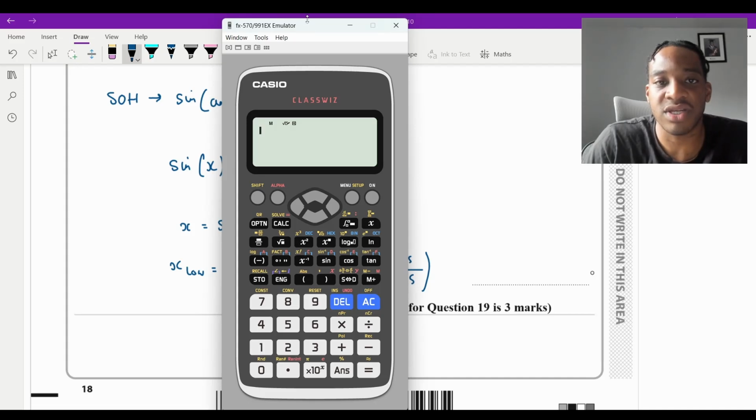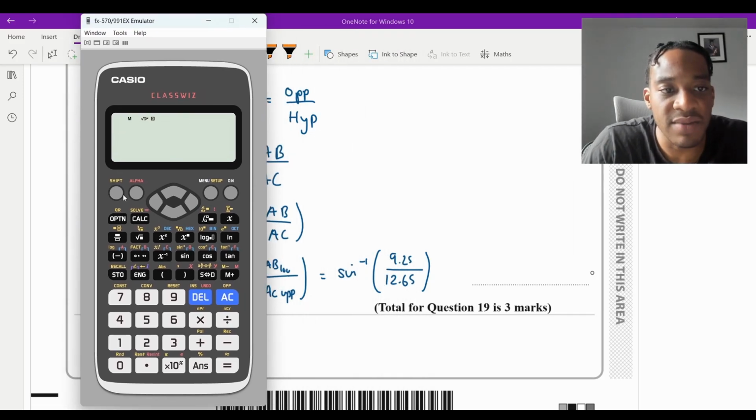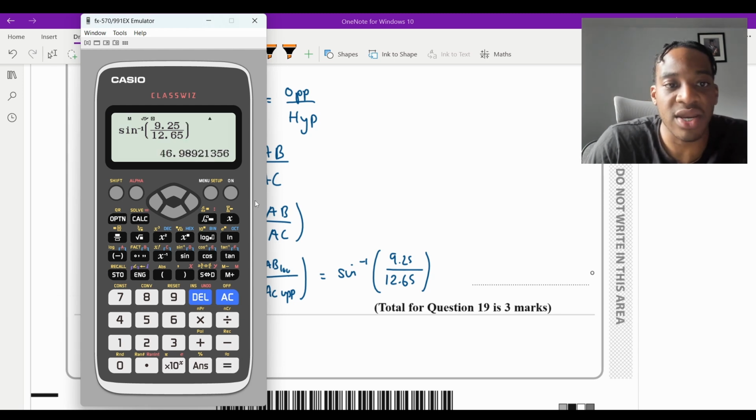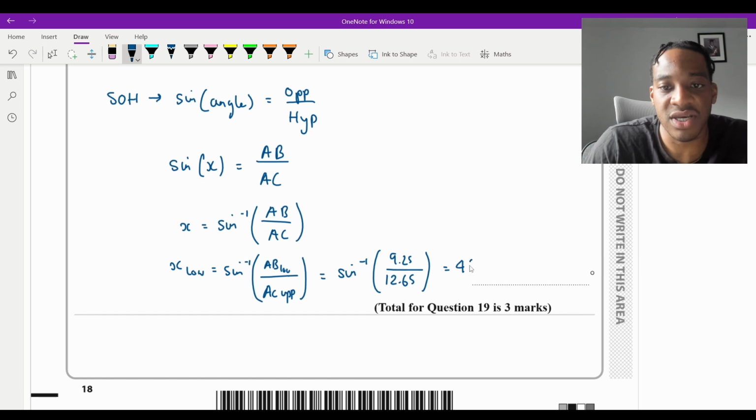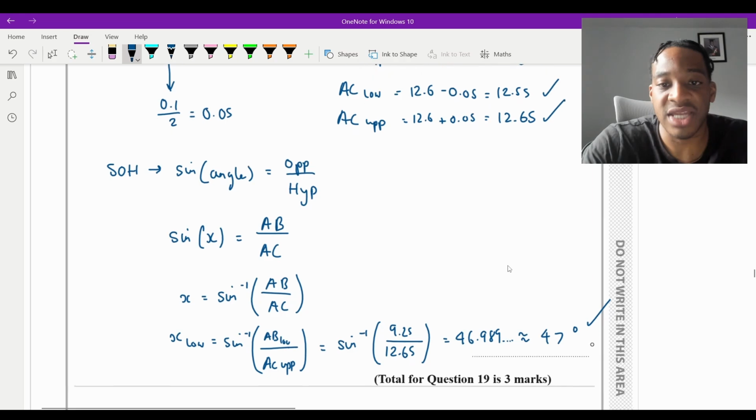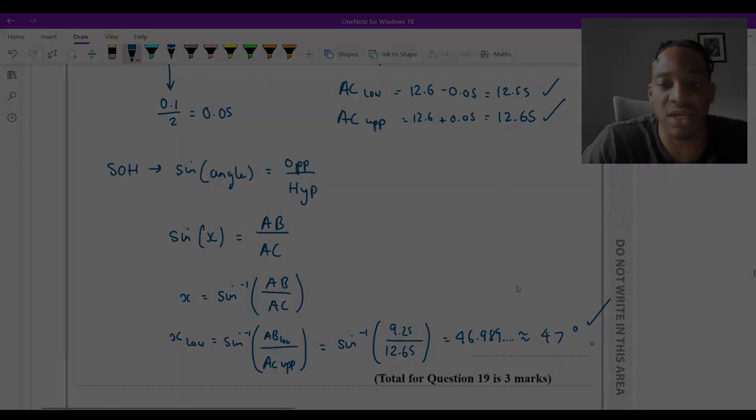I get my calculator and put this in, the sine inverse of 9.25 divided by 12.65, and this gives me 46.989. If I round that to three significant figures, this is just going to be 47 degrees. So the answer is 47 degrees. And that's it. That'll give you the 3 marks for question 19.